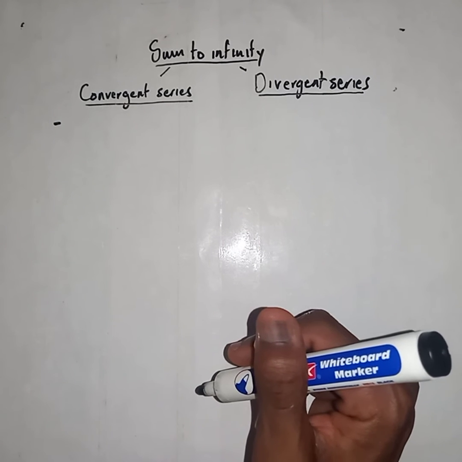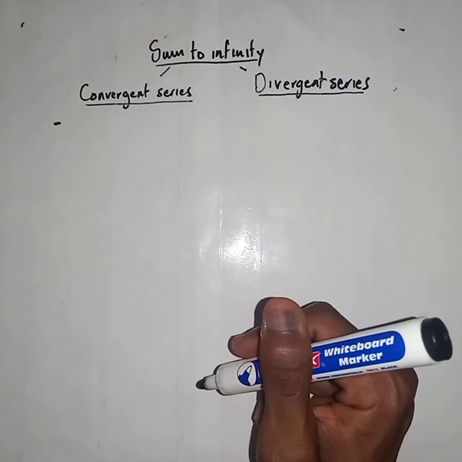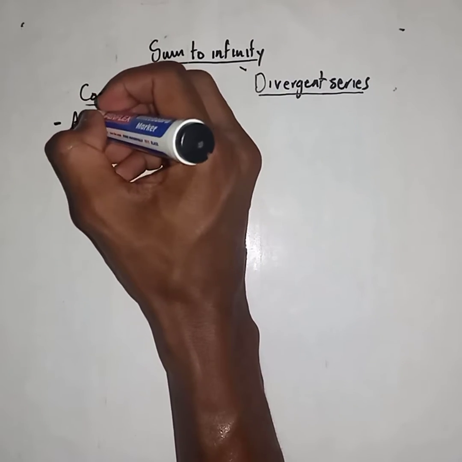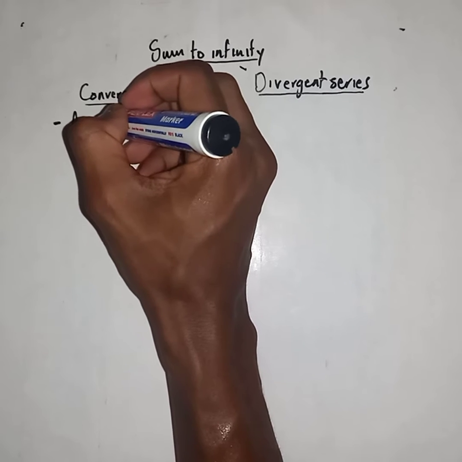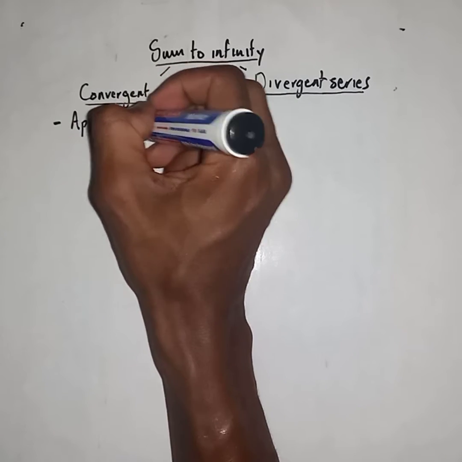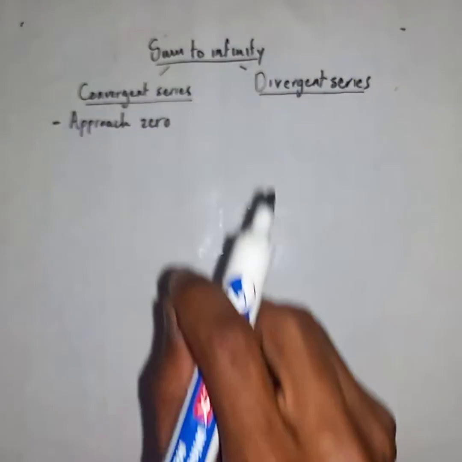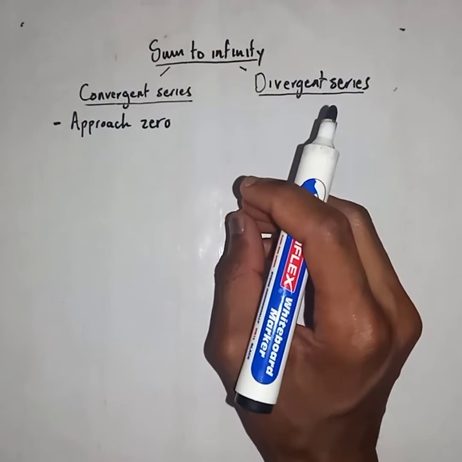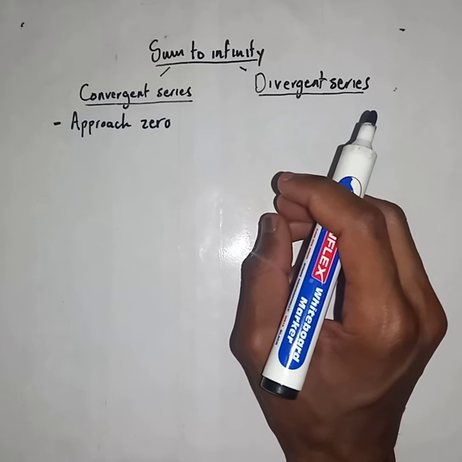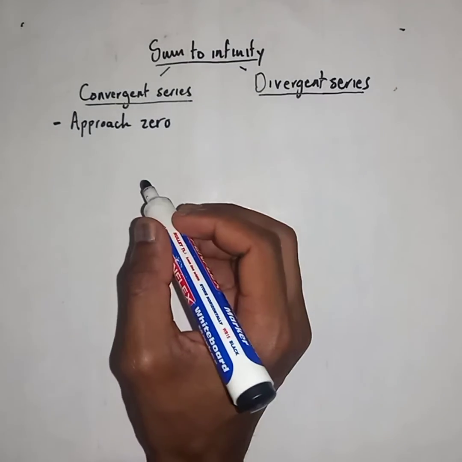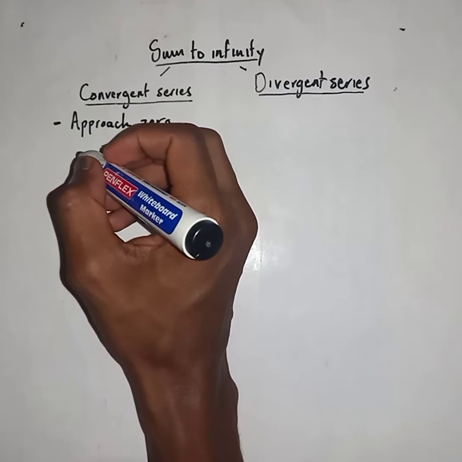As for the convergent series, you just need to know that this kind tends to approach zero. This series tends to approach zero. Let me just give you a general formula.